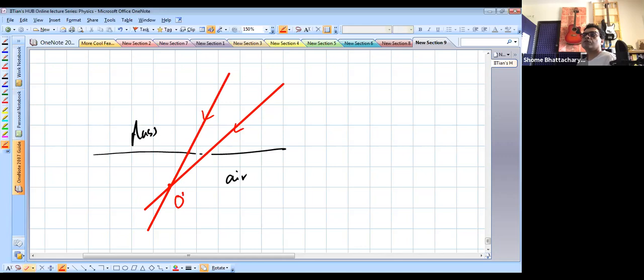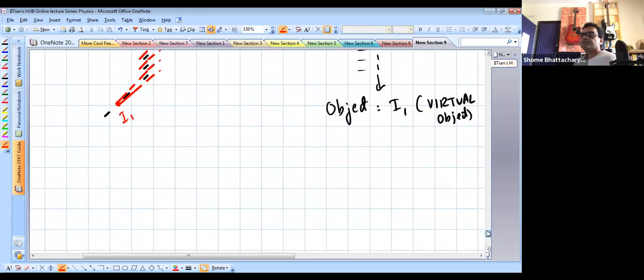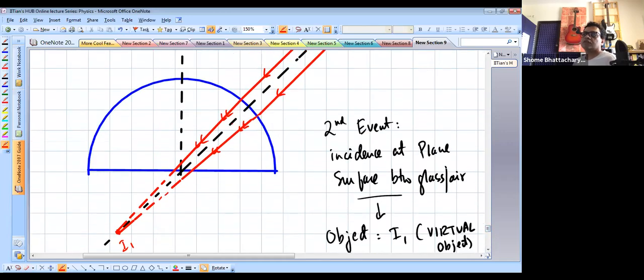This is a virtual object. That is what we mean by the concept of a virtual object. These rays are incident in such a way that they are not coming from some real point in front of this surface. They are going behind.